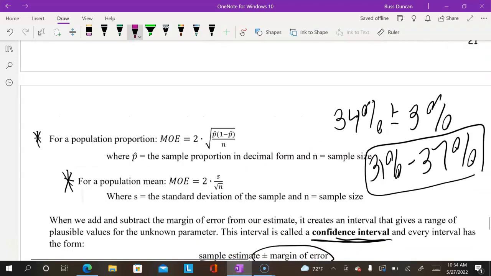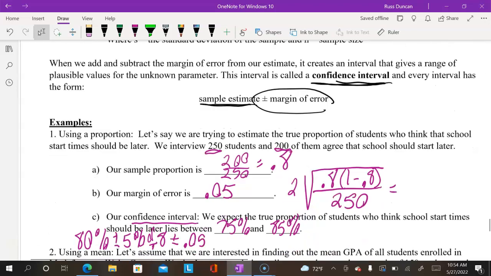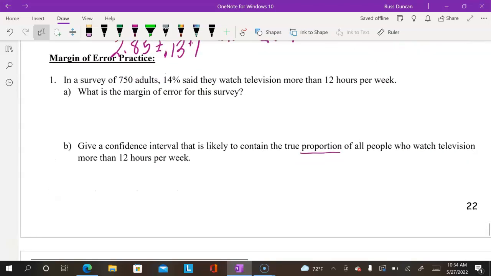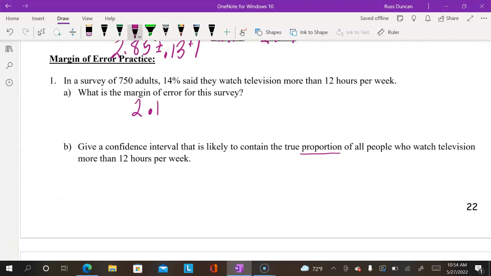For proportion, if we come back up here, it is 2 times the square root of the probability, which is 0.14 times 1 minus 0.14, all over our number of people surveyed.